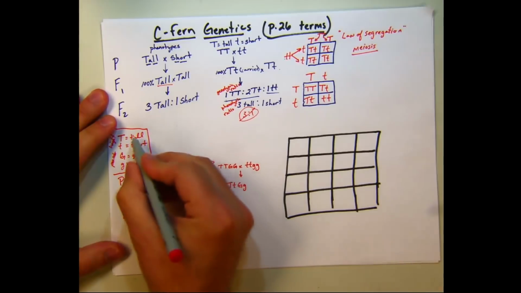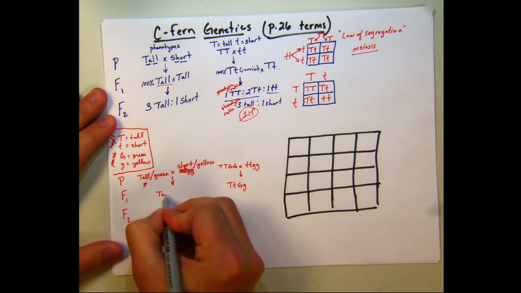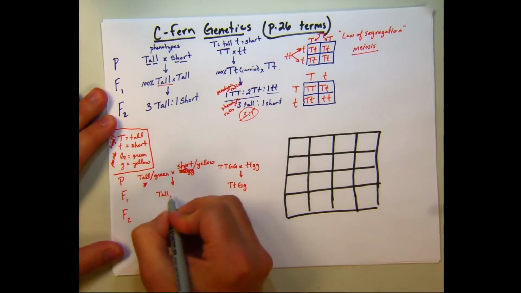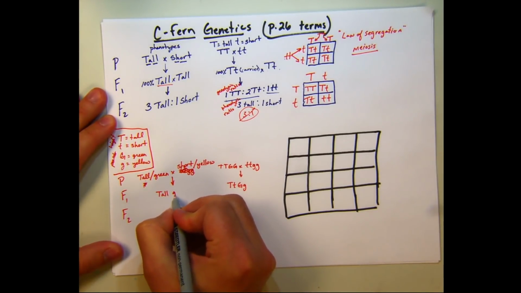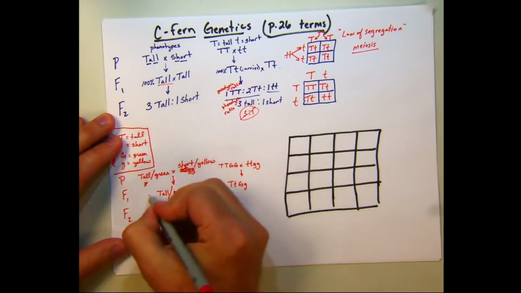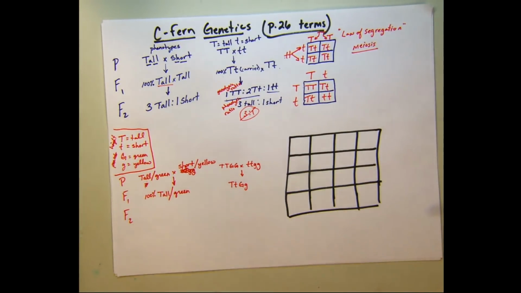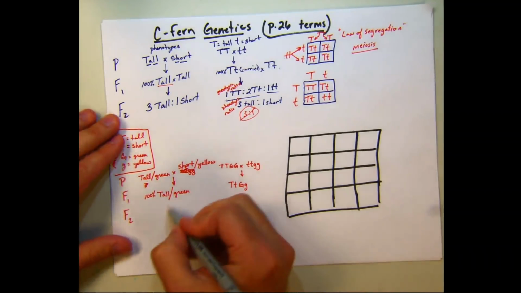What would that look like? Well, big T is for tall, big G is for green, so we're going to get tall plants that produce green peas. How many? 100% of them. Where's the short yellow? They'll come back. All right.